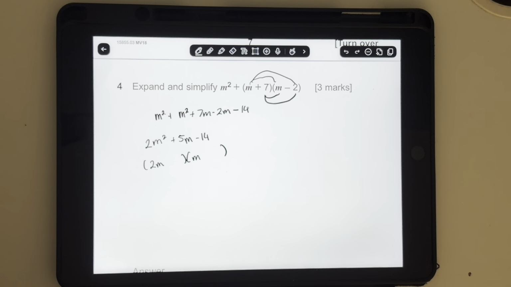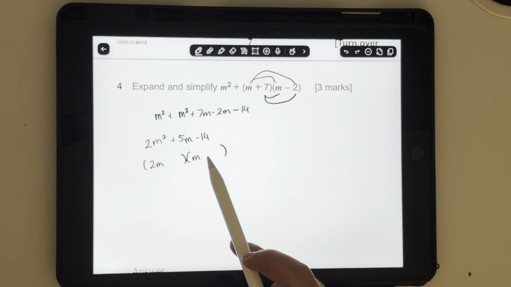Wait, look, you gotta factorize this though. Do I do? Wait. Plus 7 there, we get 14m though. No, that's not right.